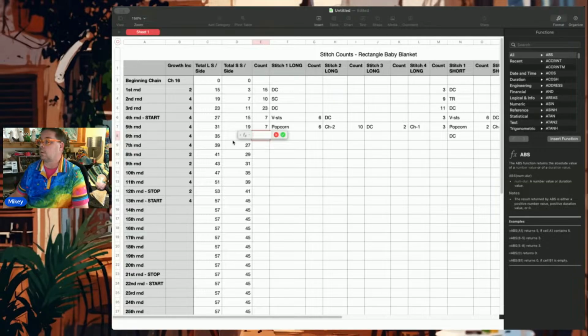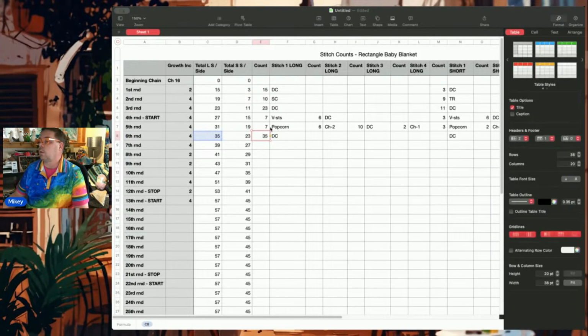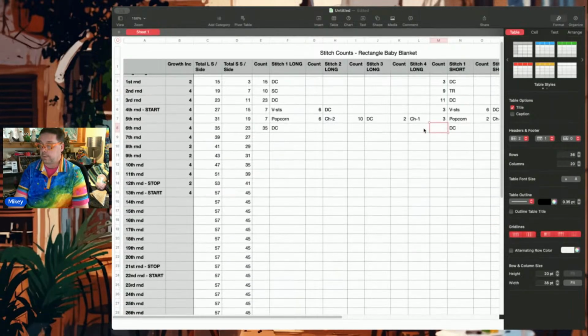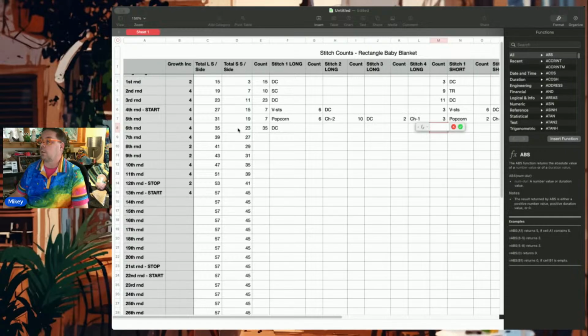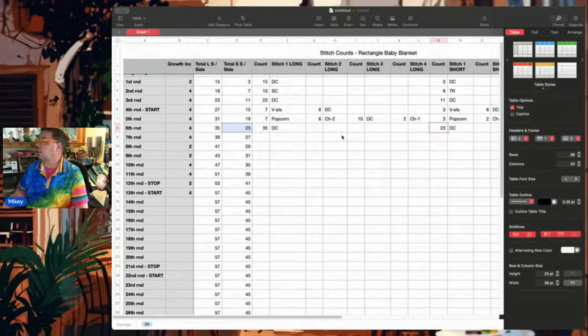Equals. Okay, and then this one here, the double crochet, equals the same number of this one. Okay, so that's a mathematical calculation.